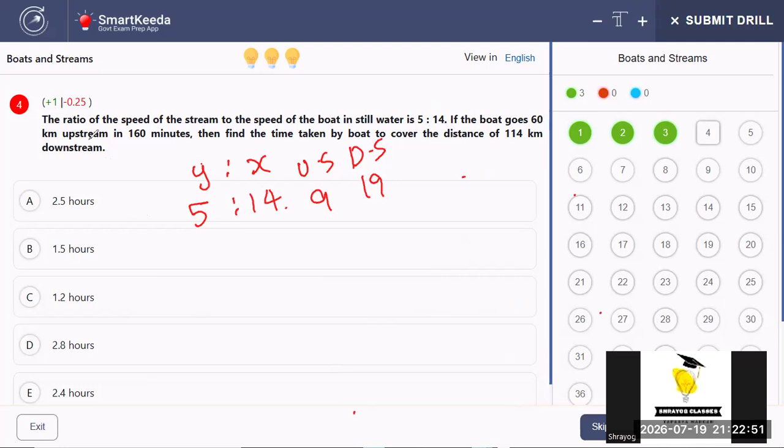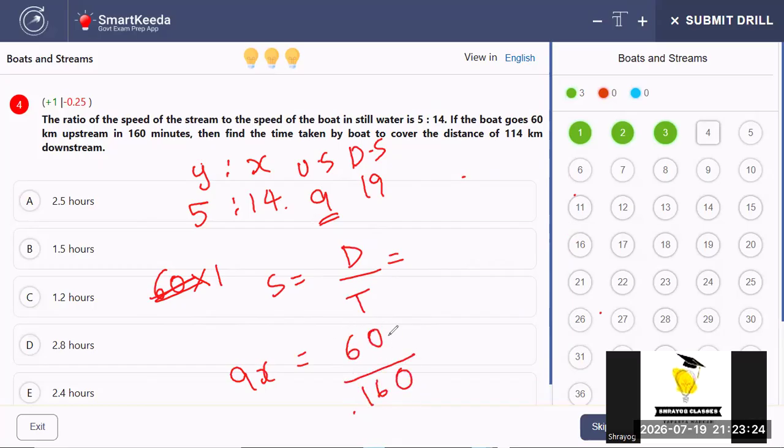If the boat goes 60 kilometers upstream in 160 minutes, speed is equal to distance upon time. So speed is 9x, and downstream it's 60 upon time 160. 160 to convert it into hours, I will divide it by 60 and then that 60 will go up.